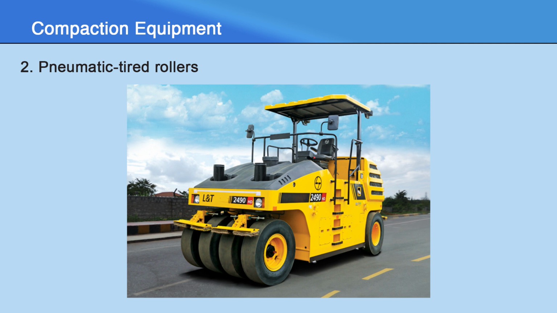Due to their heavy loads and high tire pressure, these rollers can compact various soil types to greater depths and are often used to proof roll subgrades and bases of earth fill dams.